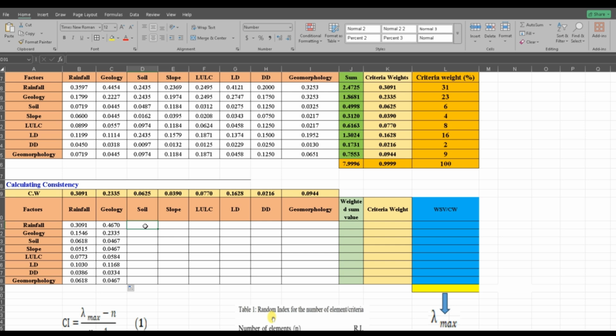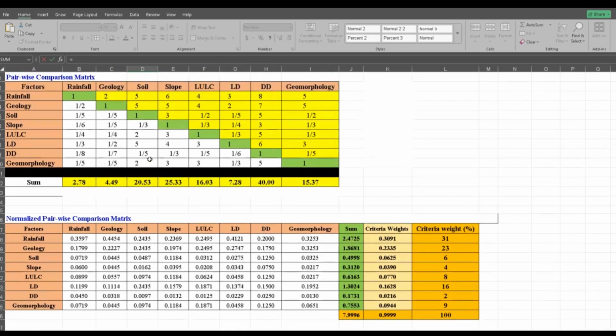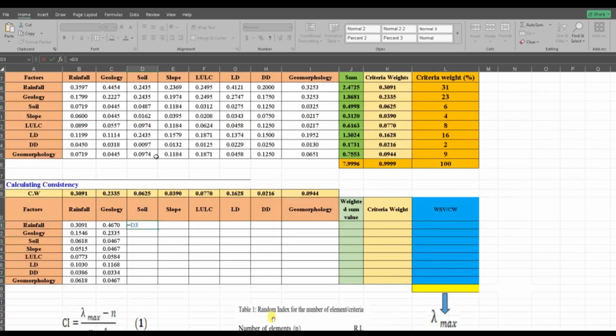Again, for the soil column, the value of the first cell is equal to the value of the first cell under the soil column in the pairwise comparison matrix multiplied by the criteria weight for soil, which is equal to 0.0625. This is equivalent with 0.3125.